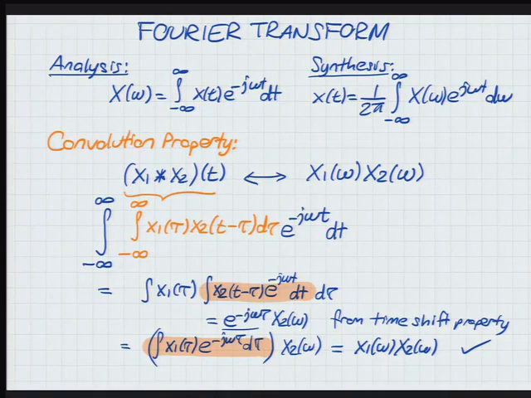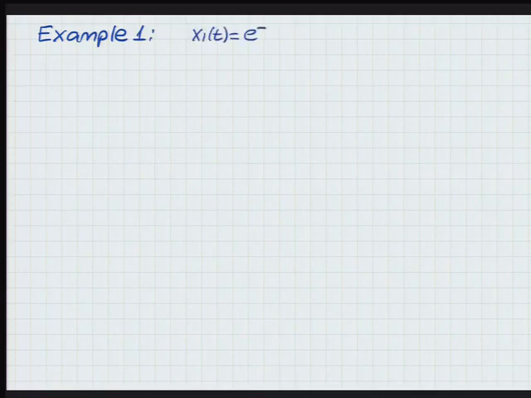Here's another example that saves you from the trouble of doing a convolution. So that's our second example, really, adding to the one from last time. But I'm going to call it example 1, because today it's example 1. So I give you two signals. x1 of t is e to the negative a t times u of t. Okay? So it's an exponential thing like this.